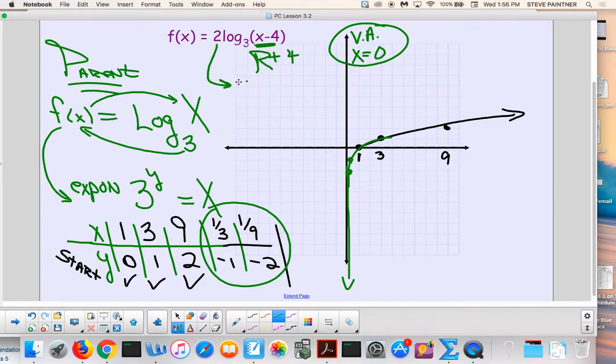Okay, stretch. What kind of stretch? Vertical stretch by what? Stretch by 2. And when I say vertical, what are you multiplying by 2? The x's or the y's? The y's. So you take the y values and multiply by 2.